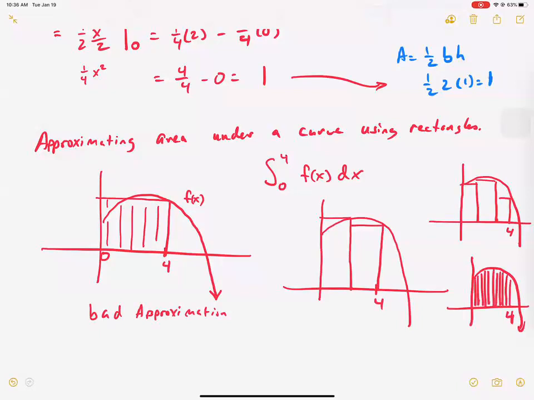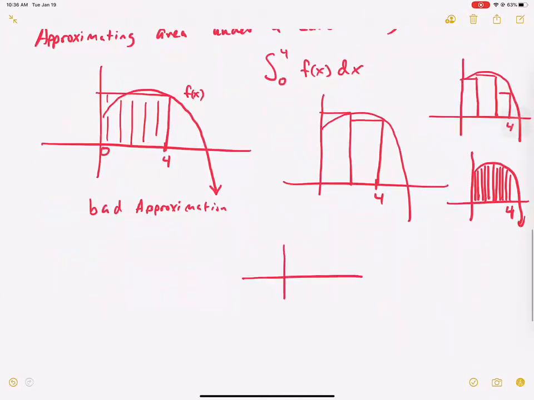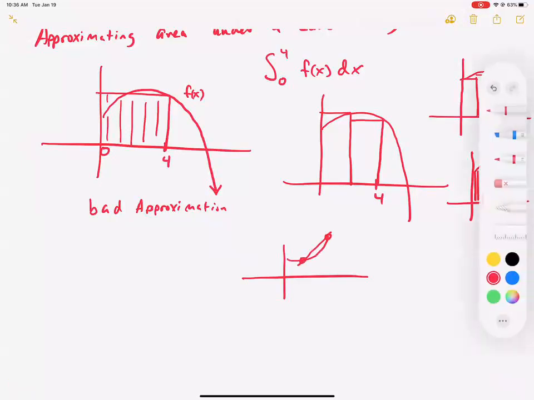Now, does this idea seem a little similar to what we've been doing before? We start off with a big option and we shrink to something super small. This idea happened when we were talking about slope. If I pick 2 points that are very far away, would that be a good approximation for the slope at the blue dot?